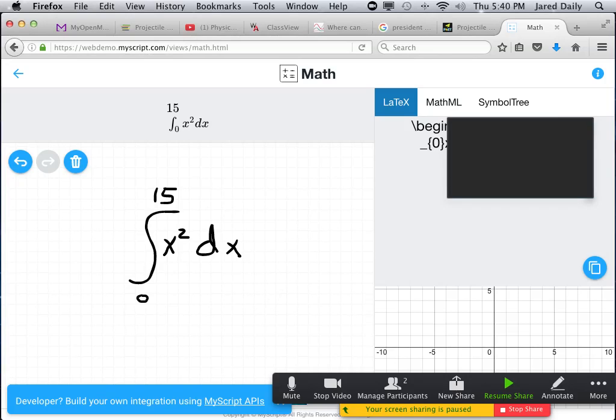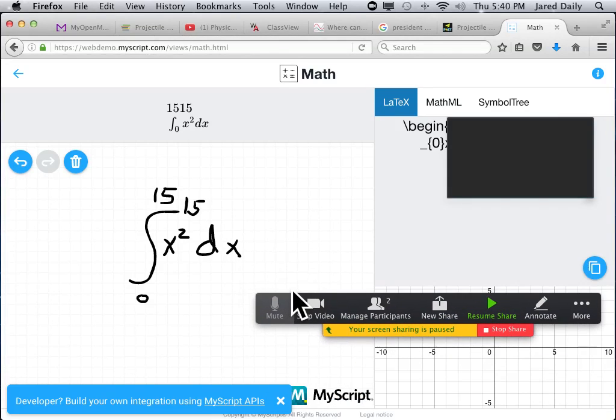Do we hit enter? I don't know what we do. But it knows what it is. I think maybe I have to write it here. 0 to 1,000, 15. I don't know how to make it go though. I think the only thing is the 0 needs to be farther to the left. I don't know. No, I think it's good. Anyway, it's a pretty cool calculator.